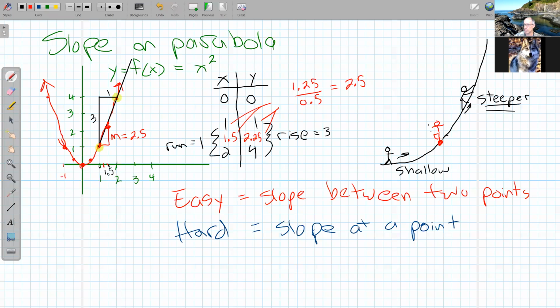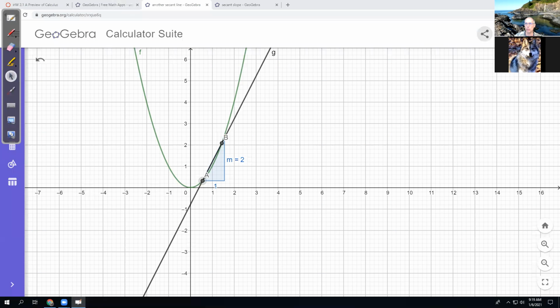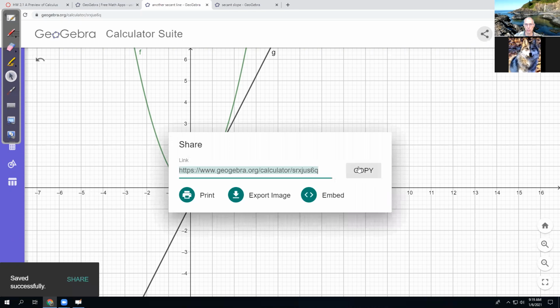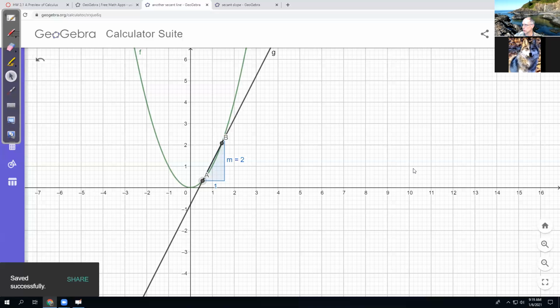In the meantime, I am going to chat you guys the links to these apps I have here. So share. Give me the link, please. There you are. Okay, so this is going to be group 1, Abigail and Kelsey. And there is your link.